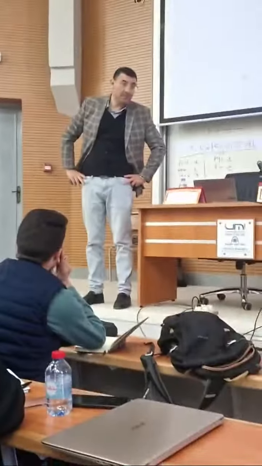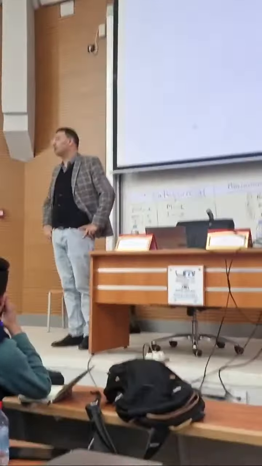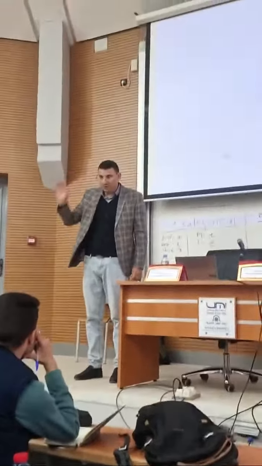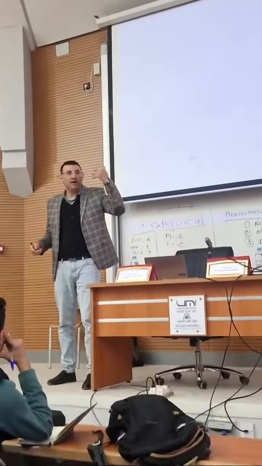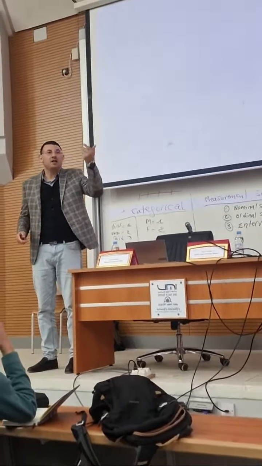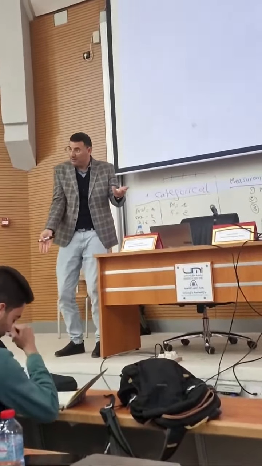Another example is temperature, la température. Par exemple, 20 is a degree, then you have maybe 5 degrees, and 2 degrees, and 1 degree, then 0 degree, and then you have a minus there.